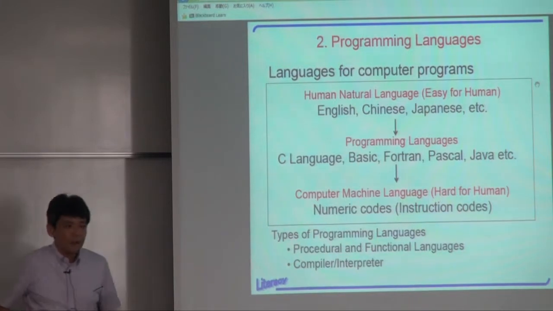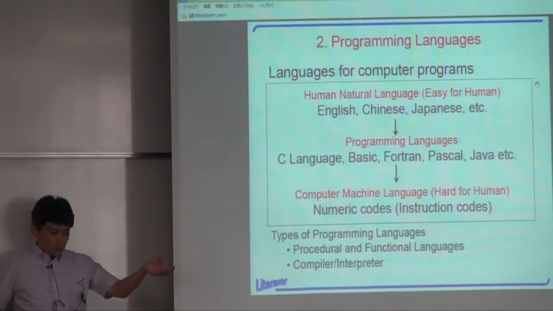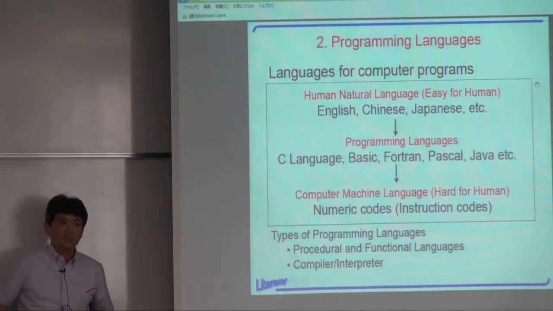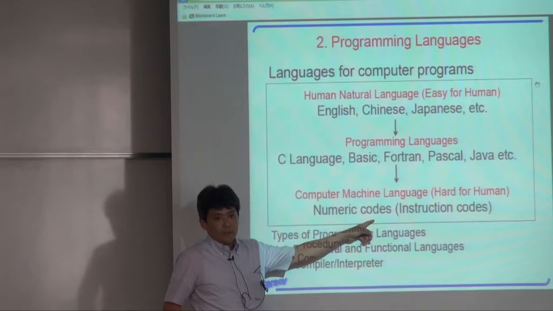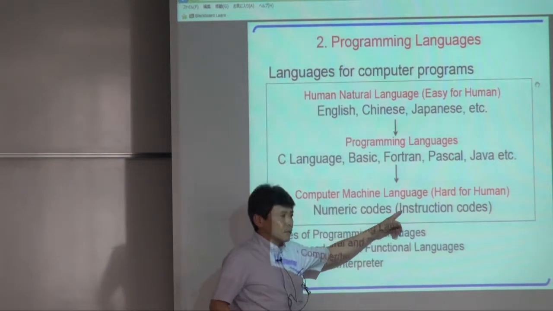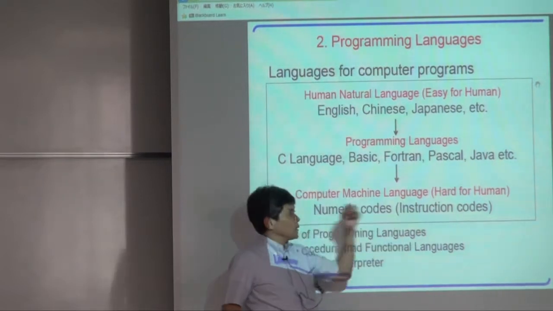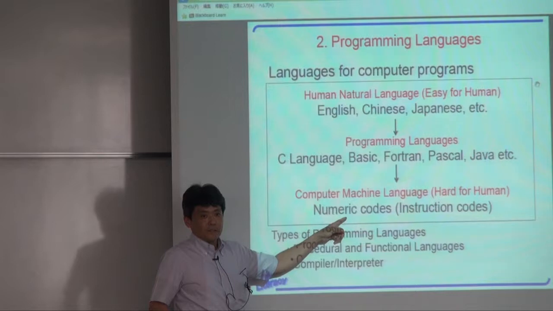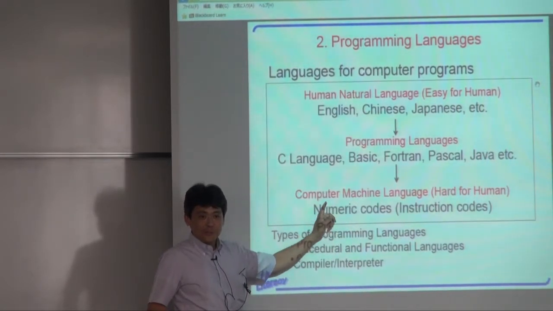So you have to make a program and change it into a code the computer can accept and understand. Such a language is a numeric code, sometimes called machine code or machine program code. Of course, this code is numeric, so you usually cannot understand the content of the instructions.